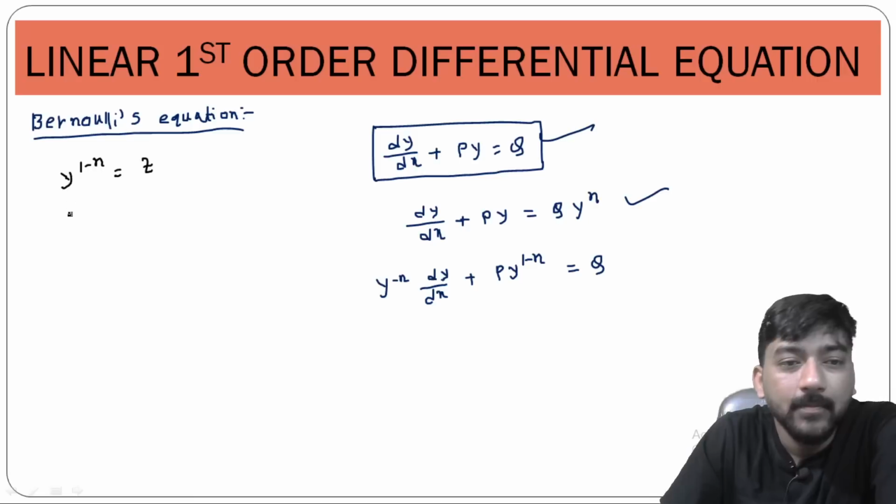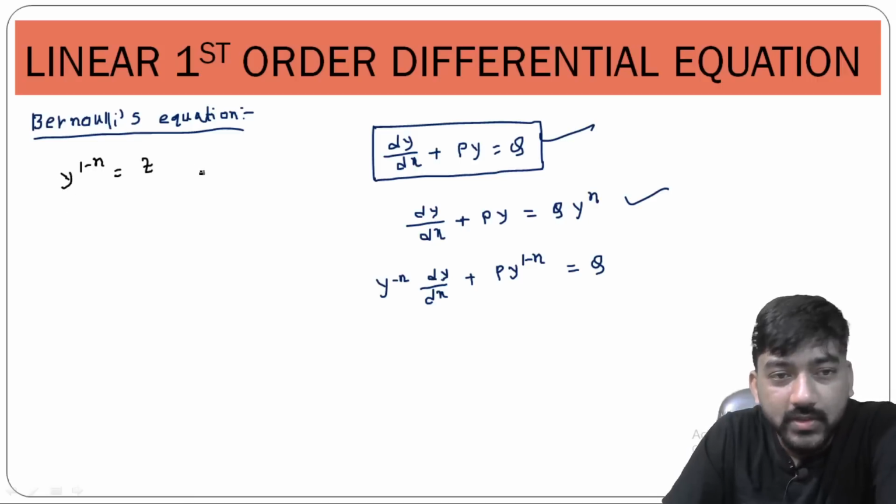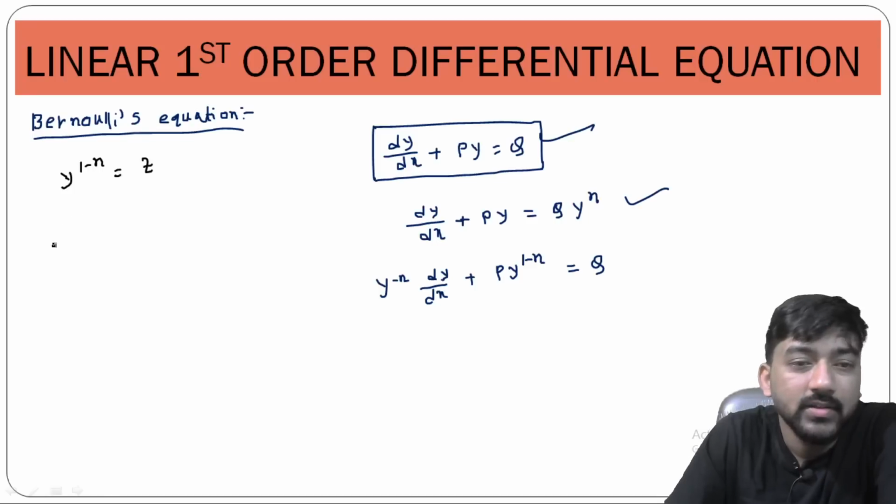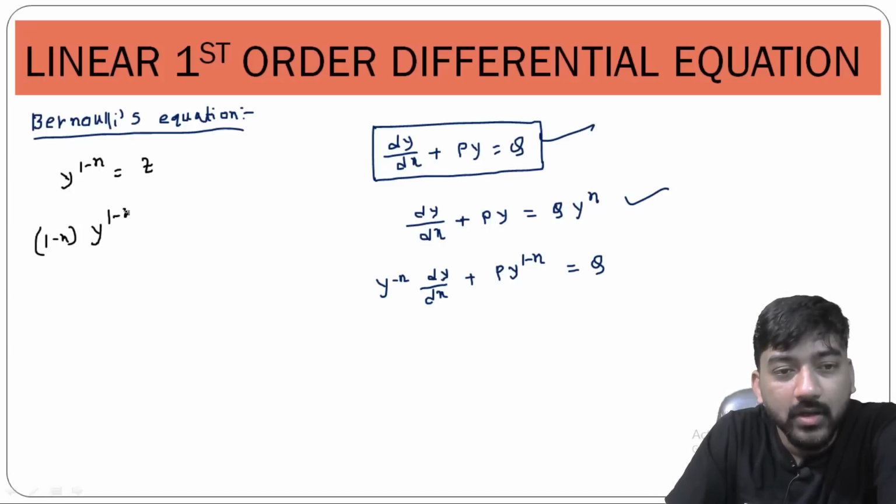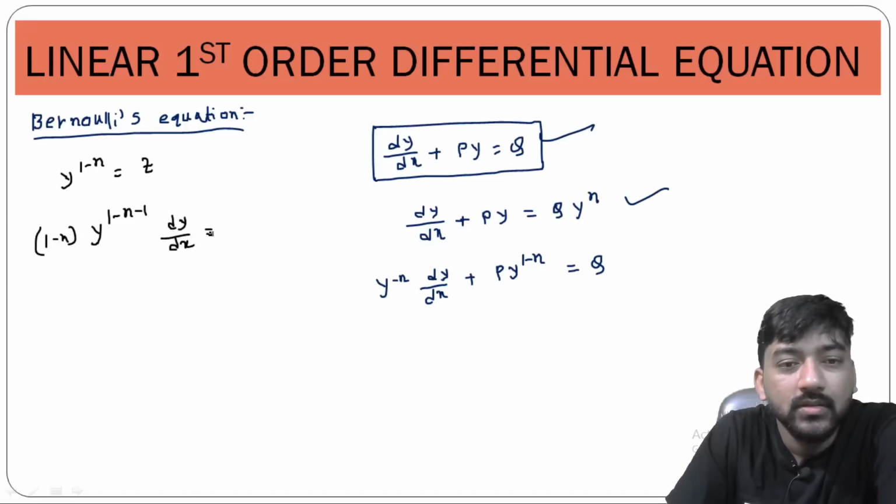Now if you differentiate this equation with respect to x, you will get 1 minus n into y to the power 1 minus n minus 1 into dy by dx is equal to dz by dx.